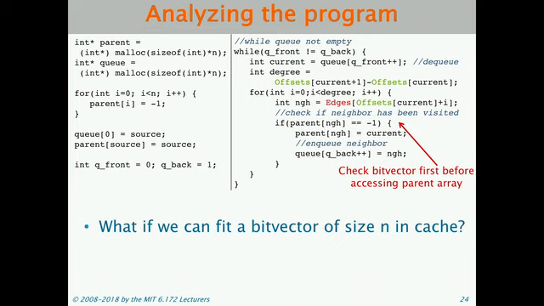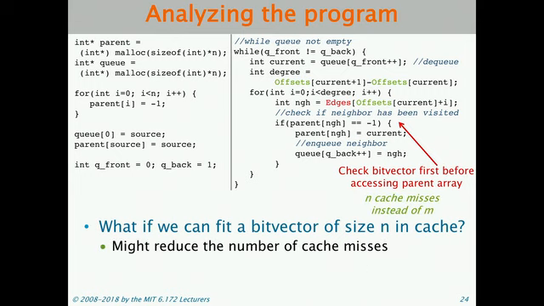And if it has been explored, we don't even need to access this parent array. If it hasn't been explored, then we will go ahead and access the parent entry of the neighbor. But we only have to do this one time for each vertex in the graph because we can only visit each vertex once. And therefore, we can reduce the number of cache misses from m down to n.